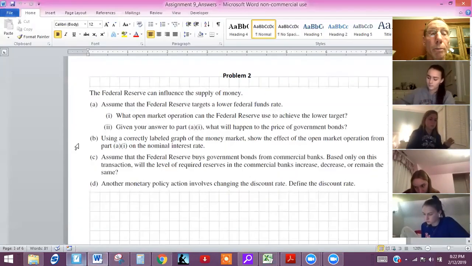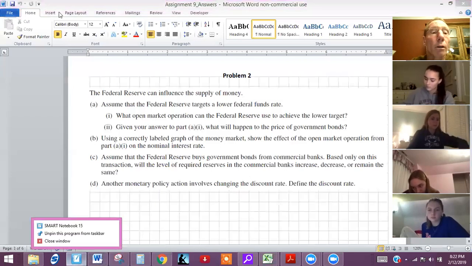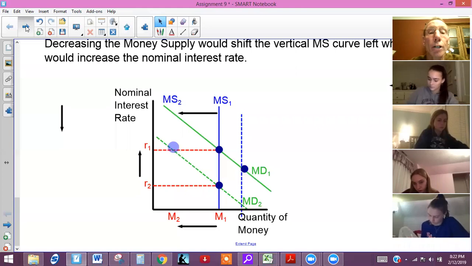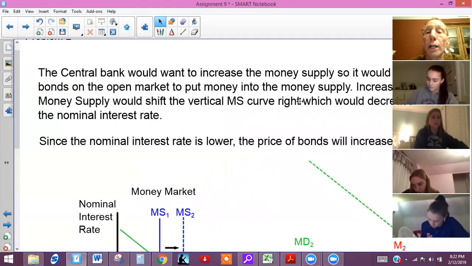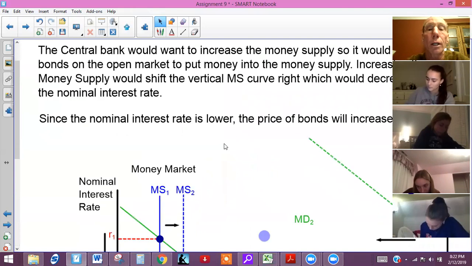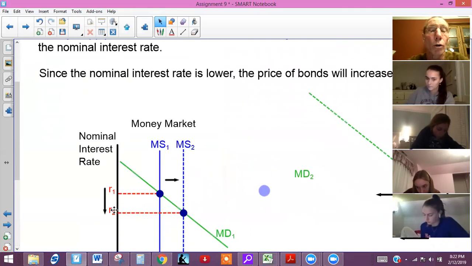Your answer would be the central bank would want to increase the money supply, so it would buy bonds. It would buy bonds, so when they would buy them, they would be putting money into the money supply. This would shift the vertical money supply curve to the right, which would mean interest rates dropped, right?